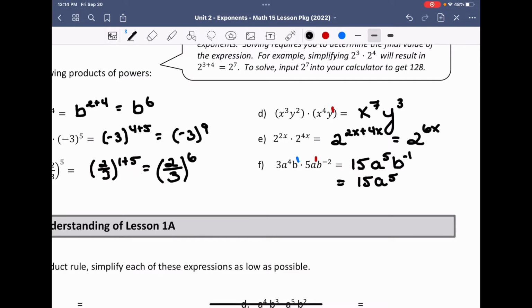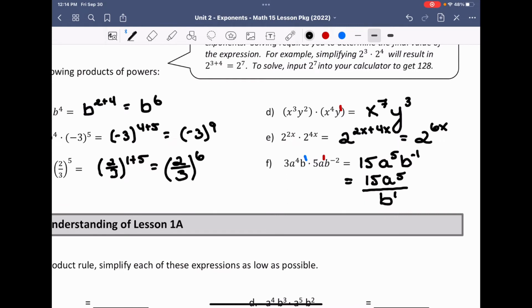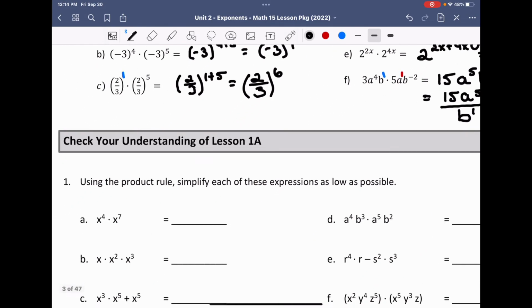And by our rule on our first page, we're going to flip the b value, or change the base from the numerator to the denominator and make the exponent positive. And that would be our solution. So if we want to change this from a negative exponent to a positive exponent, we relocate it from the numerator to the denominator.